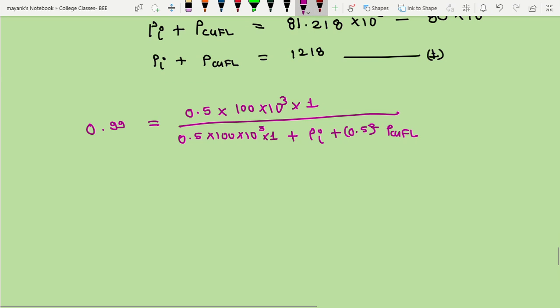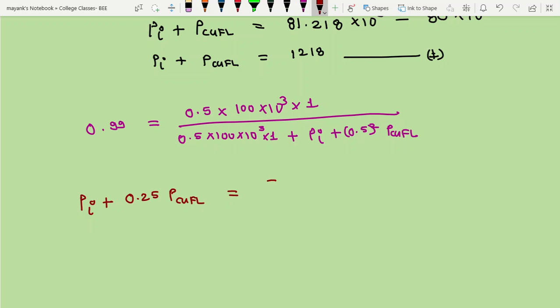Now again rearrange the given equation. So Pi plus 0.5 square, that means 0.25, copper losses at full load will be equal to 0.5 into 100 is 50.